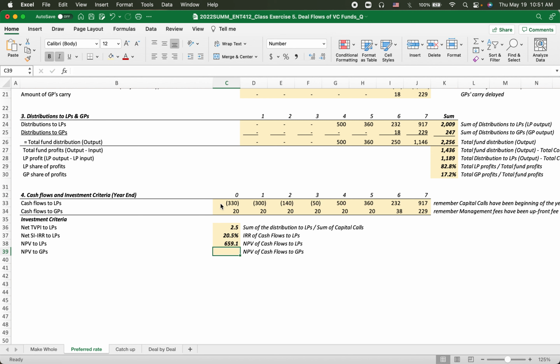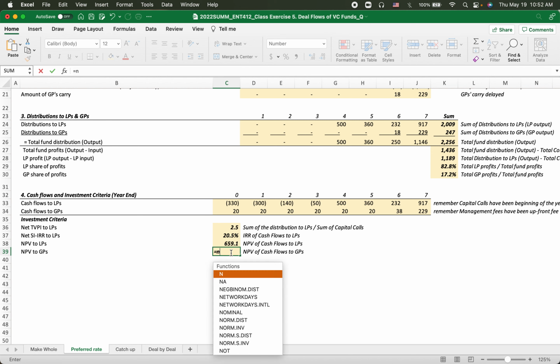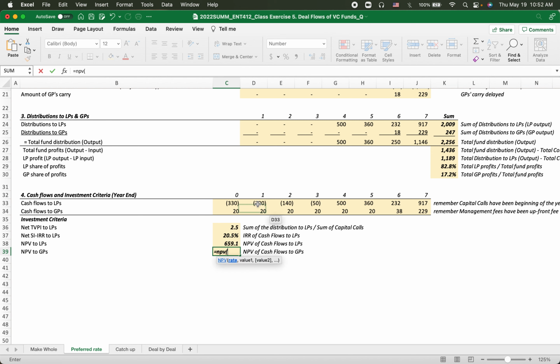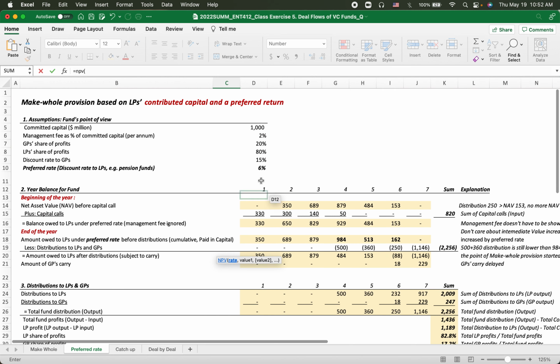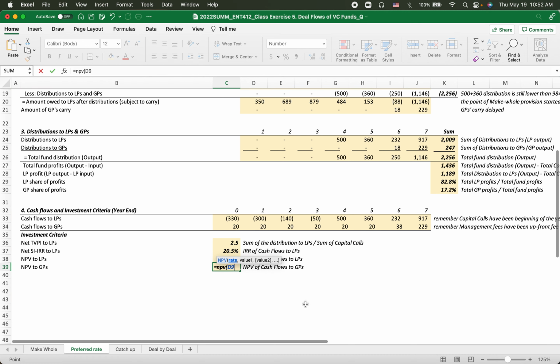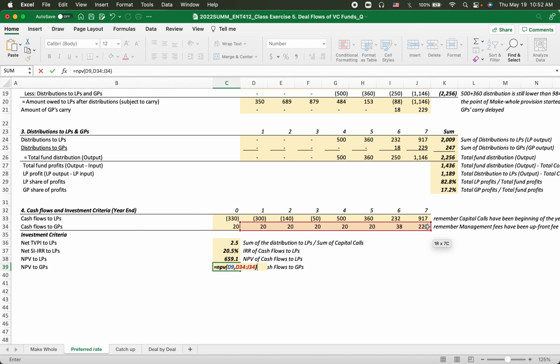So 695, 55, 59, and then LP has their discount rate as well, right? GP's discount rate is 15%. Then let's just drag this plus 20%.